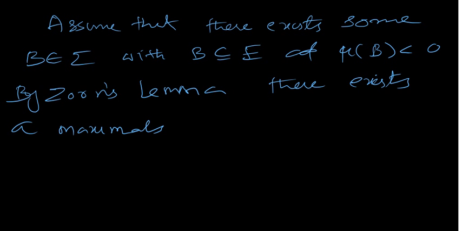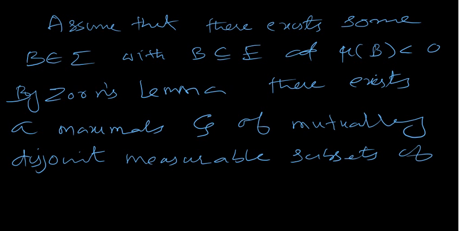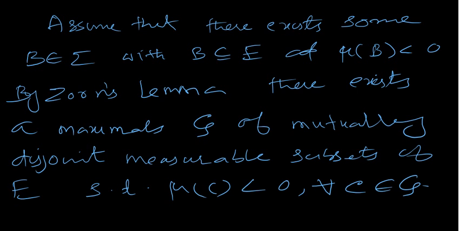Maximal collection, cursive C, of mutually disjoint measurable subsets of E, such that mu of C is negative for every member C of cursive C. So what's your cursive C actually?